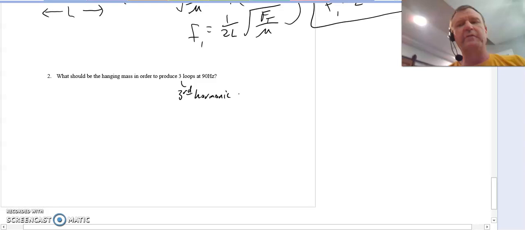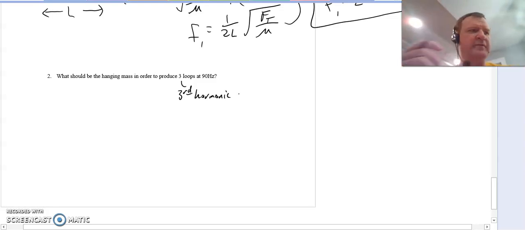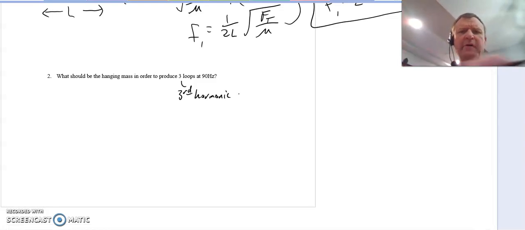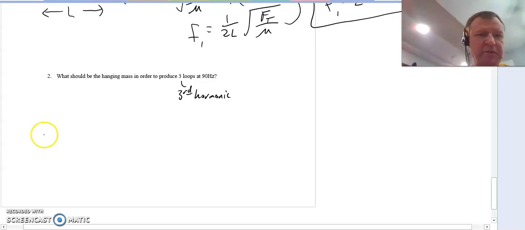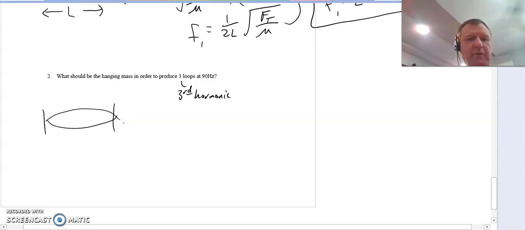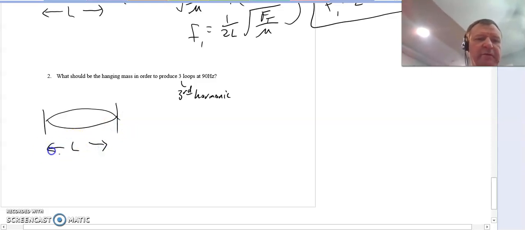So you can draw the third harmonic and work from that, but like I said a minute ago, I much prefer dealing with just the first harmonic and then adjusting it as I need to. So I'm going to go that approach, and you'll see how consistent it's going to be. Not the best picture here. Let me move that end. Again, we've got our length here. That's not going to change.